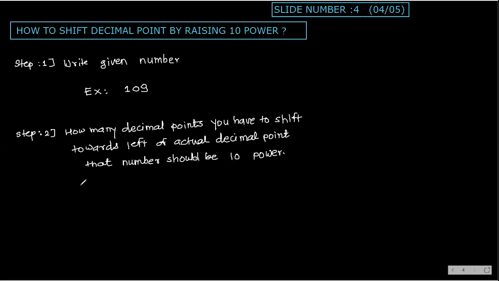For example, see, 109 is the actual number and the decimal point is here. I want to shift how many decimal places? This is 1 and suppose 2. I have shifted 2 decimal places.